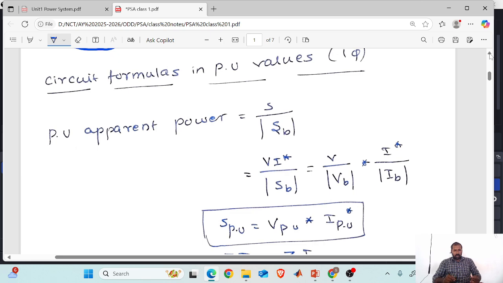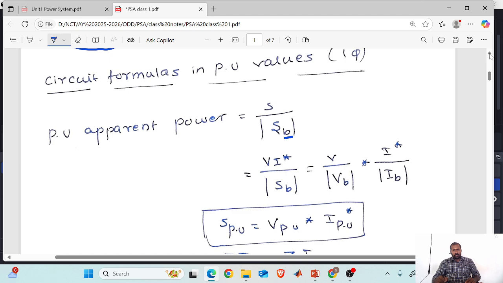In per unit, apparent power is equal to the actual apparent power to the base apparent power, S to SB, where SB stands for the base apparent power. We take the complex conjugate of both sides: V star divided by SB.